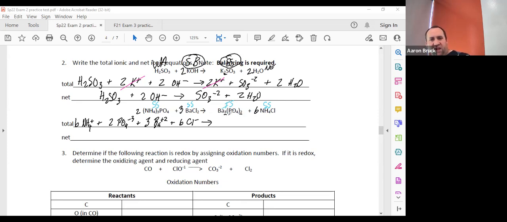On the other side, barium phosphate is insoluble, so it will stay together. And the ammonium chloride, remember the 6 is going to carry over both. 6 ammonium ions and 6 chloride ions.